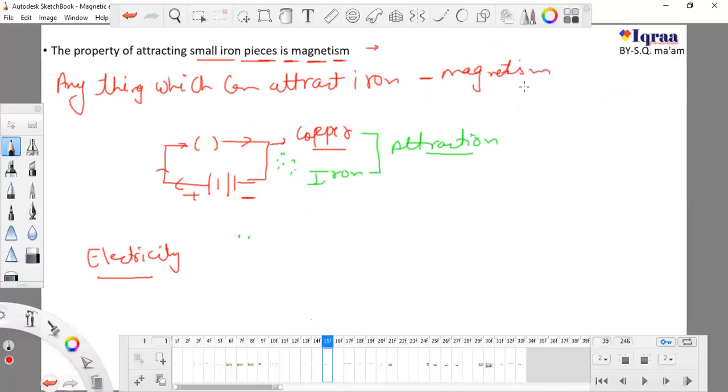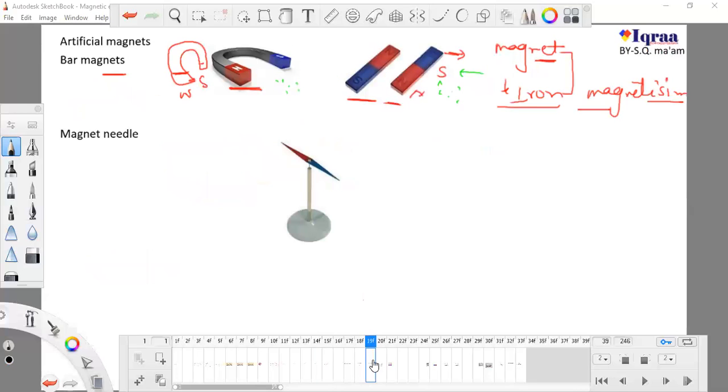So now this copper metal part is attracting iron when electricity is passing. Definitely electricity is passing, so one metal is attracting another metal, or copper wire is attracting iron. So this copper is having magnetism, just like other magnets, because they have magnetism, they can attract iron.